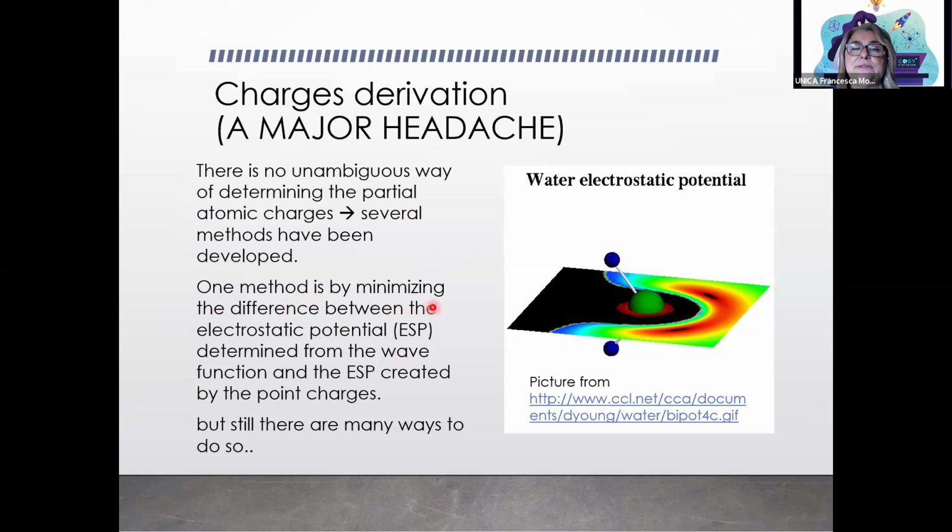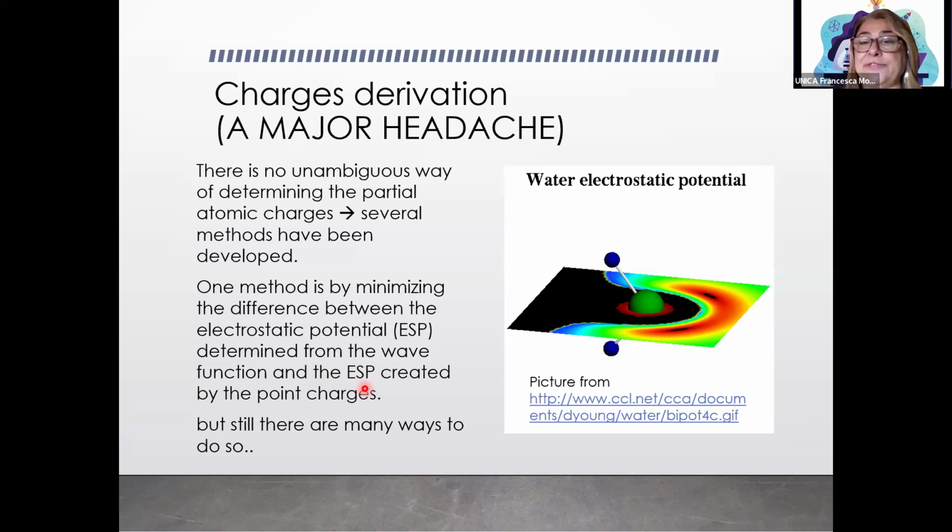One method is to calculate the electrostatic potential from the wave function through a quantum mechanical calculation, and then start from a trial function of the electrostatic potential originated by putting a set of charges, a charge on hydrogen, another charge on oxygen, another charge on this other hydrogen, which should be equal to this charge, and calculate the electrostatic potential from the point charges.